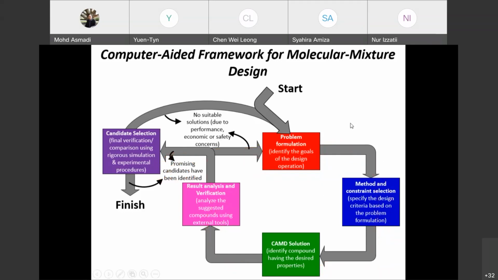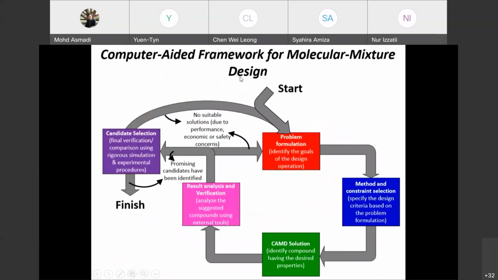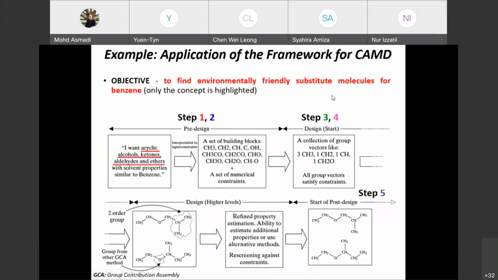Let's see an example of the application of the framework for CAMD. This is the main objective of the problem formulation, step one. The main goal is to find an environmentally friendly substitute molecule for benzene.